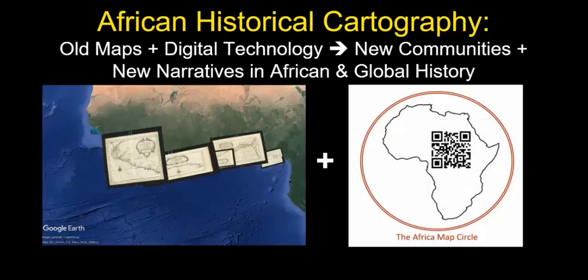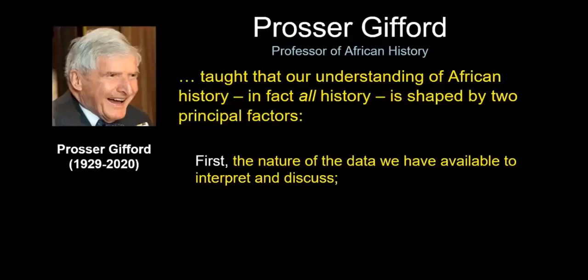Take a look, for example, at what is being undertaken in the Africa Map Circle, a group of people internationally that have gotten together to share this kind of information and share their analyses of these maps. They're inspired in part by the work of Professor Gifford, a professor of African history for a long time.